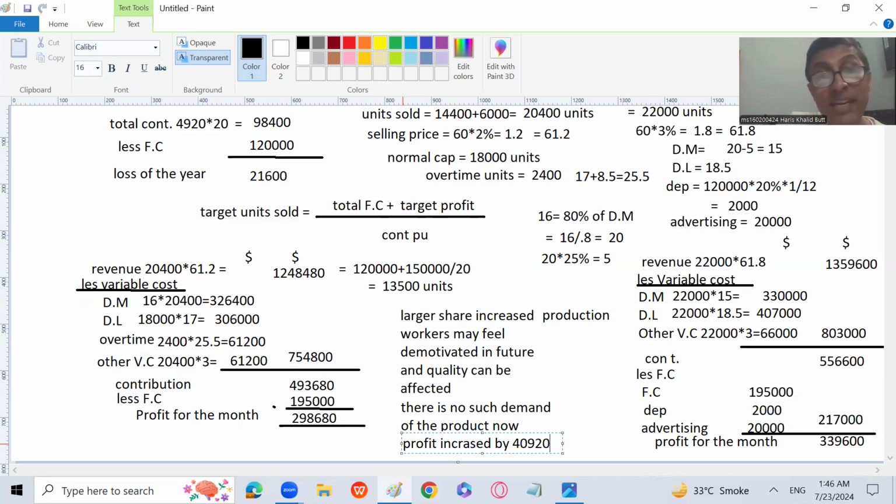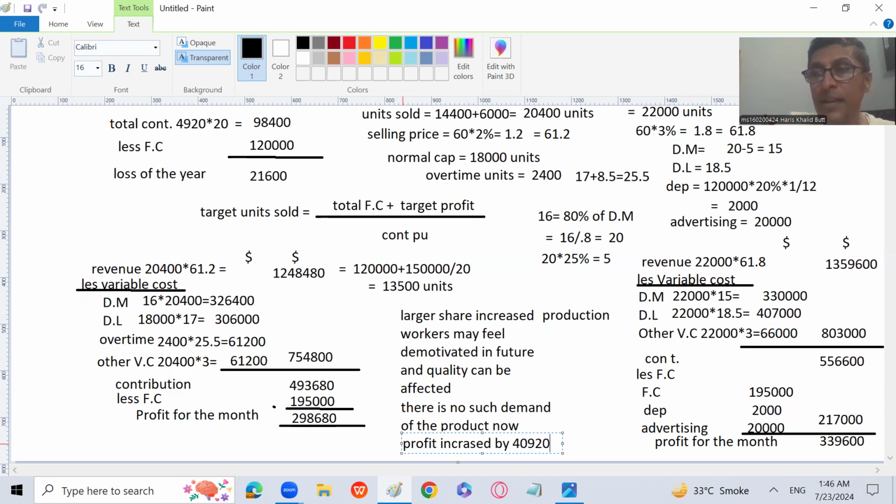Secondly, we are also getting more trade discount in option 2 than what we had in the other. So that discount of $1 is also being given to us because a large amount of goods has been purchased from the supplier.